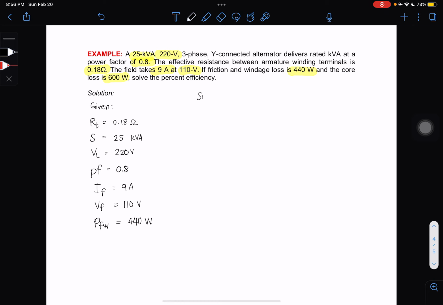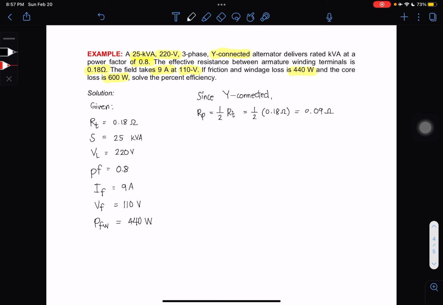Since it is Y connected, as the problem said that it is Y connected, therefore, to solve for our RP, as in the last module, 1/2 multiplied by our R total. So given that, we can solve 1/2 of 0.18 ohms. So our RP will be 0.09 ohms.